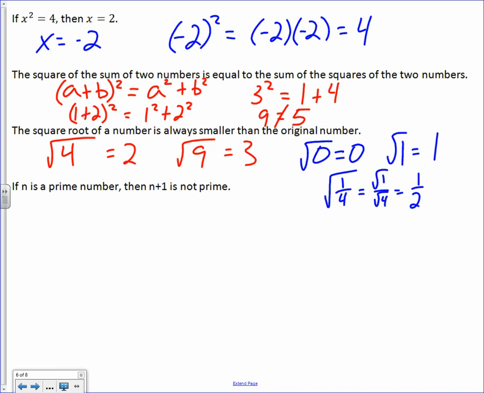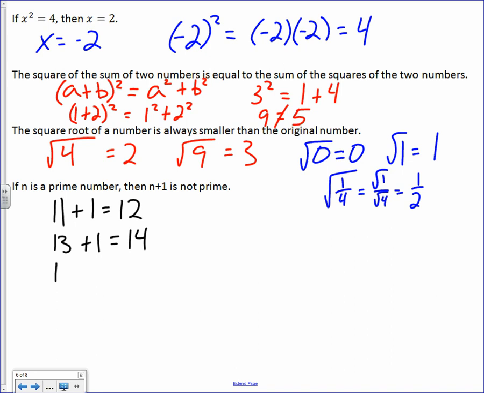All right, lastly here, if n is a prime number, then n plus 1 is not prime. Right, so what you can look at here is pick a few prime numbers. So if we take 11, which is prime, and add 1 to it, we get 12, which is not prime. So that does fit this conjecture. If we take a different prime number, 13, and add 1 to it, we get 14. 14 is not prime.